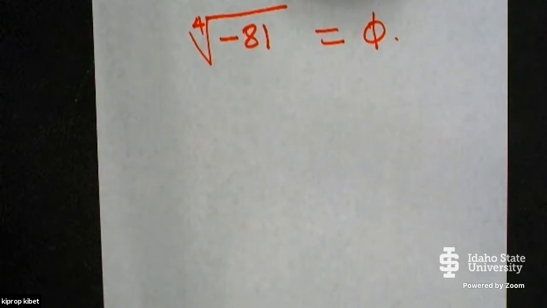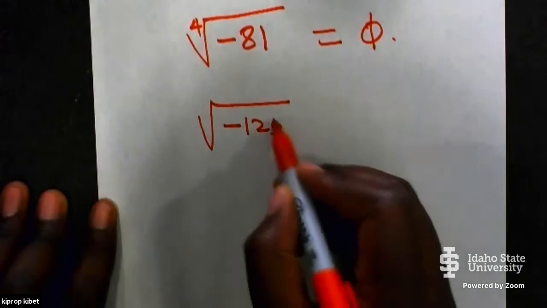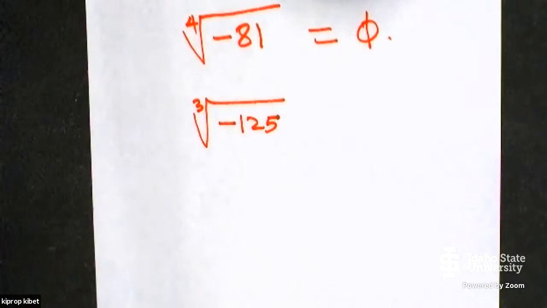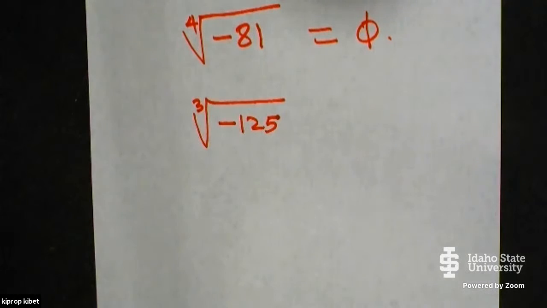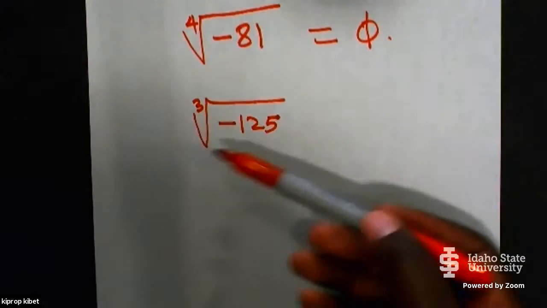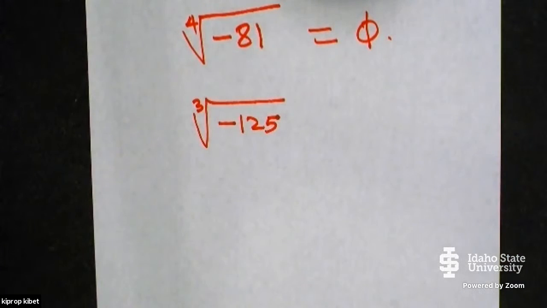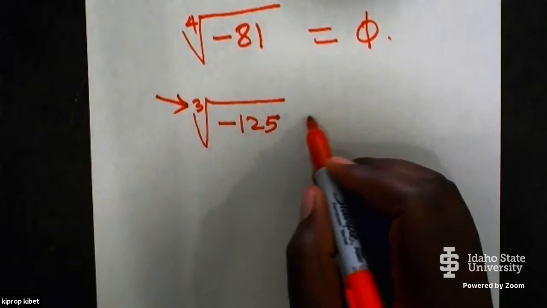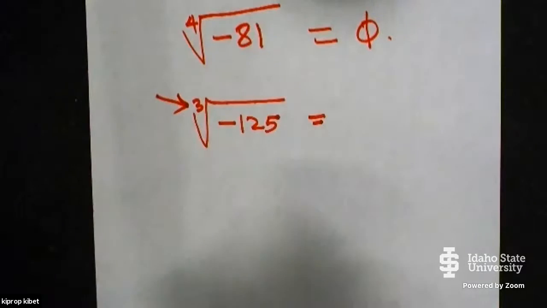Now, if we have minus 125, and let's say we raise this one to 3, so the cube root of negative 125. Because this is odd, then we will get the values.